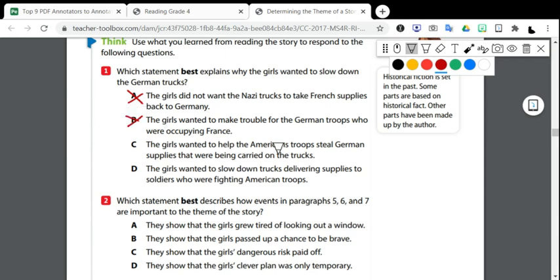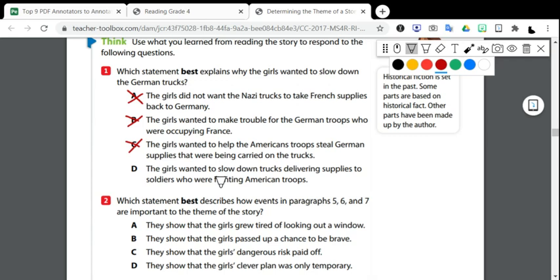What it said was carrying ammunition supplies to the front for the Nazi soldiers in their battles against the American troops. So I can eliminate choice A. And I do that with my pencil by putting an X through it, because it's not even a true statement, much less the answer for the question.